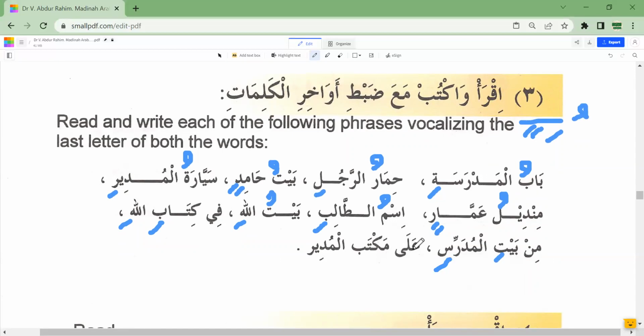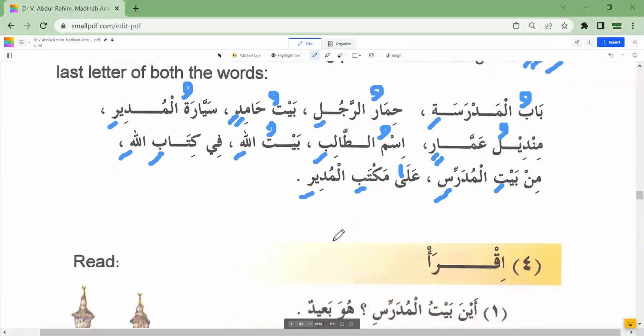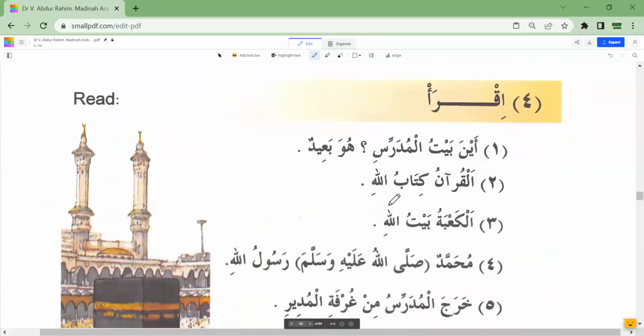Ala. This is our harf of jar. This is ala, which means on. Ala maktabil mudiri, right. On the desk of the principal. Right.